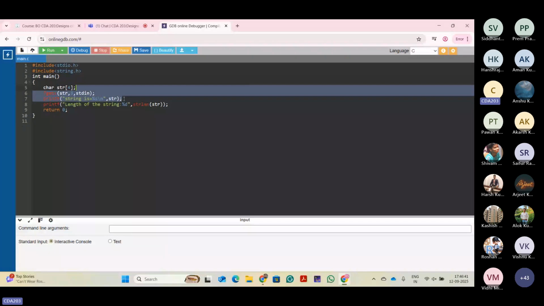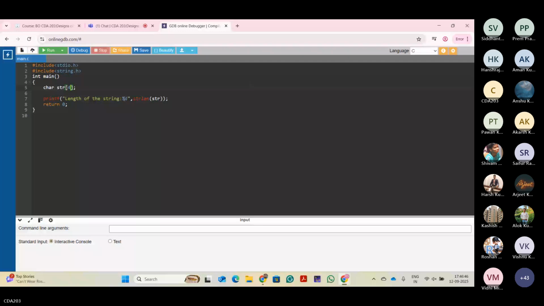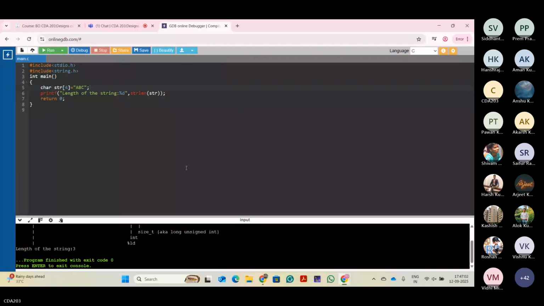Directly give the input. Enter the string.